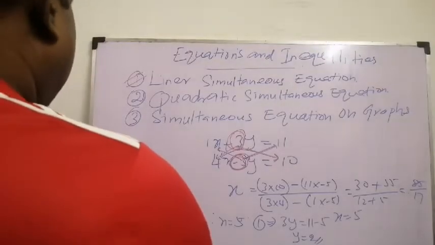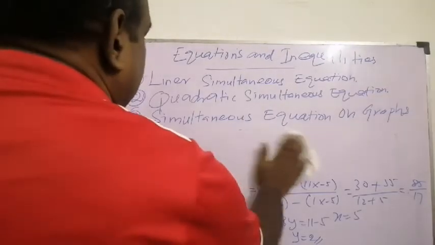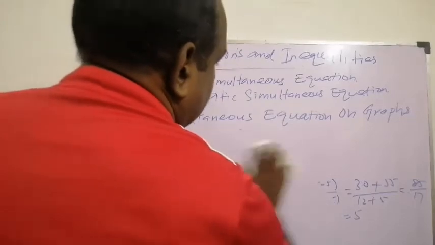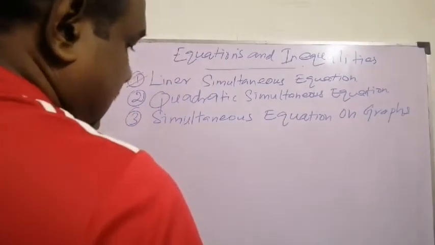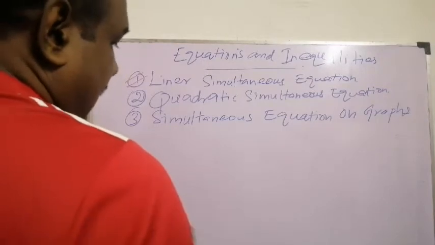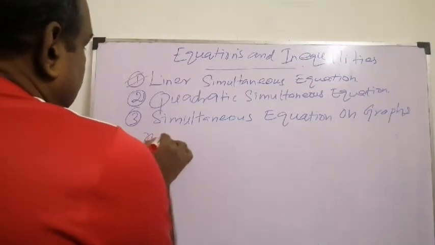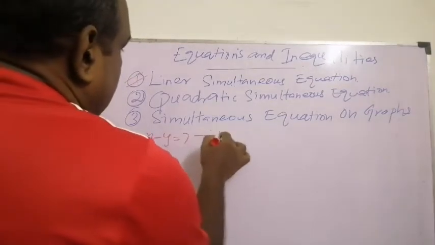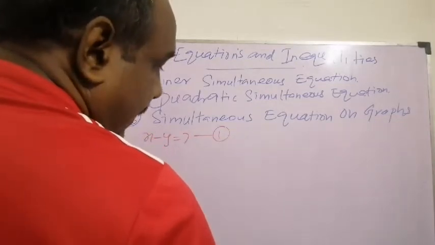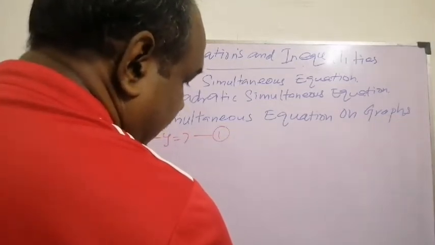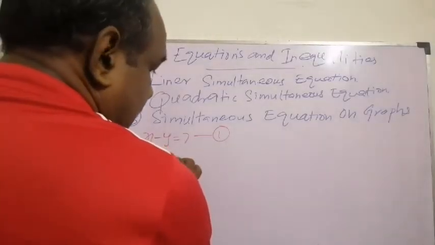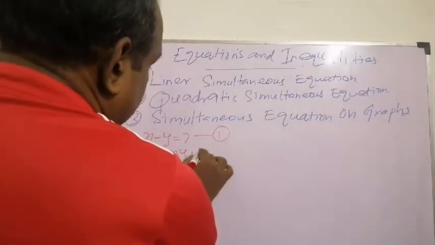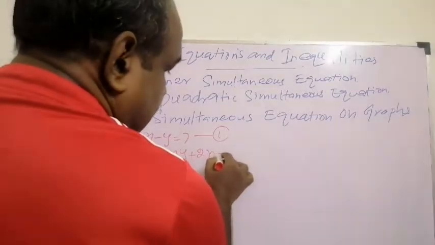Okay, then I'm going to quadratic simultaneous equations, right? How does the quadratic simultaneous work? For example, if they have given x minus y is equal to 7, equation 1, and next y squared plus xy plus 2x is equal to 5.